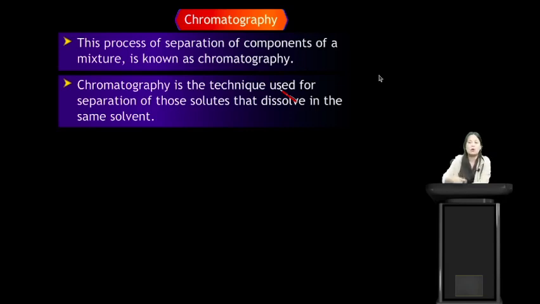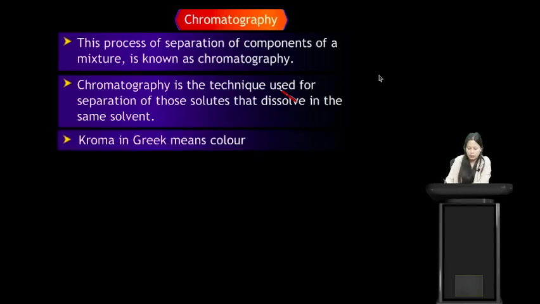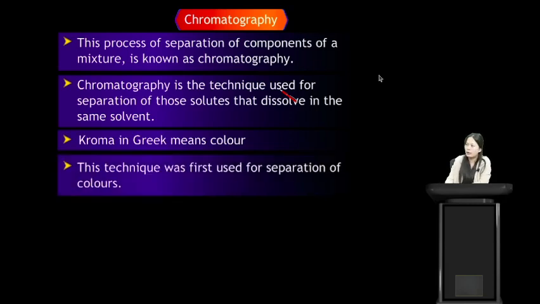All the color components dissolve in water, so they dissolve in the same solvent, and this technique is used for separation of solutes which are soluble in the same solvent. Chroma in Greek means color, and this chromatography technique was first used for separation of colors.